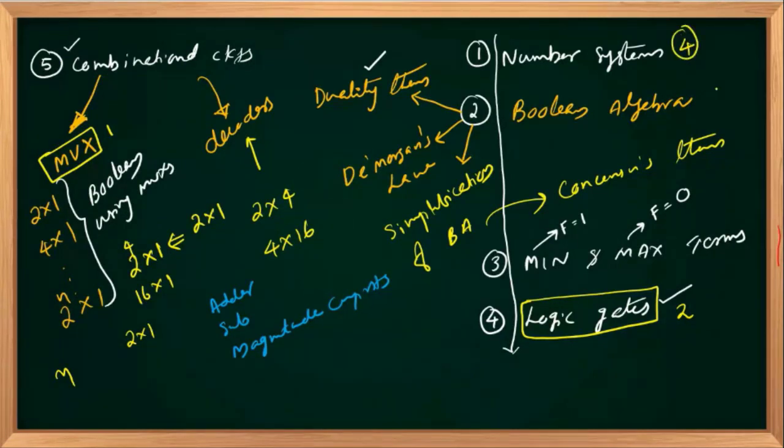Then comes Boolean algebra and simplification of Boolean algebra. So the topics are related actually. If you are comfortable with Boolean algebra, min and max terms, you can understand the subject in a better manner, right?